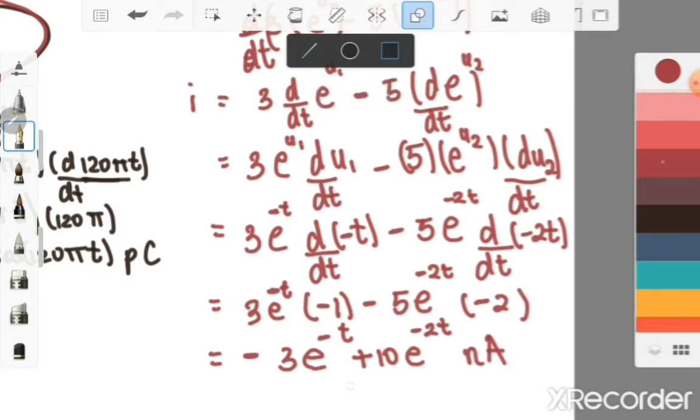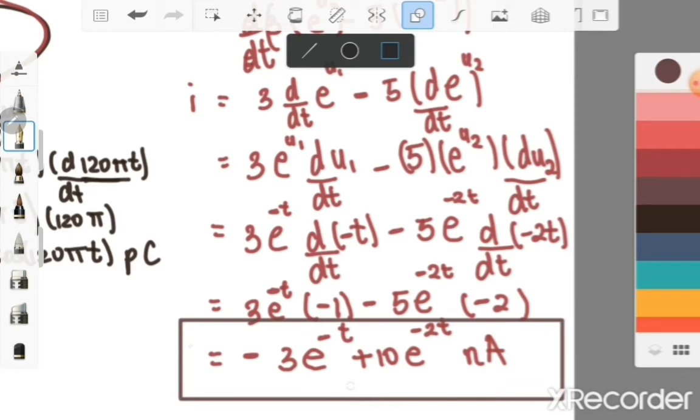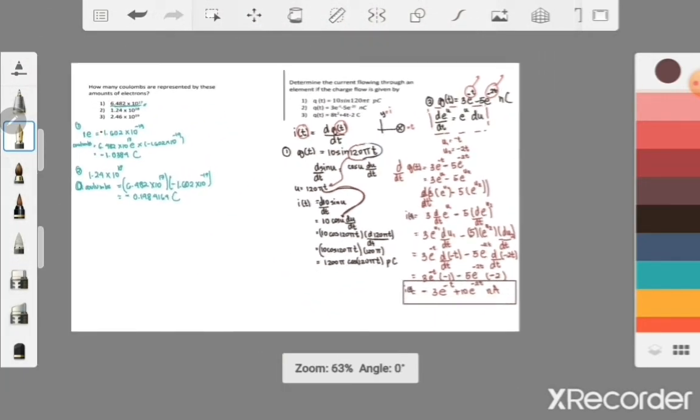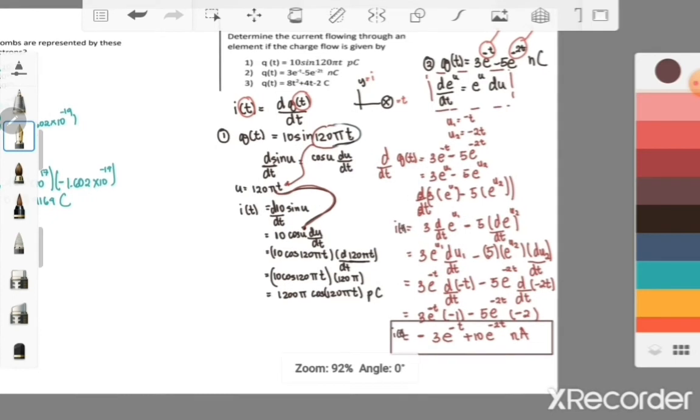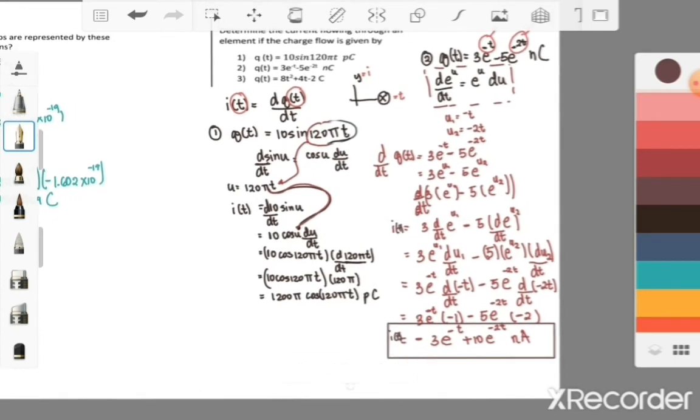That is our answer. It is your I sub t. So, if there will be any question, feel free to ask. Okay? At number 3, it is your turn to answer the example.